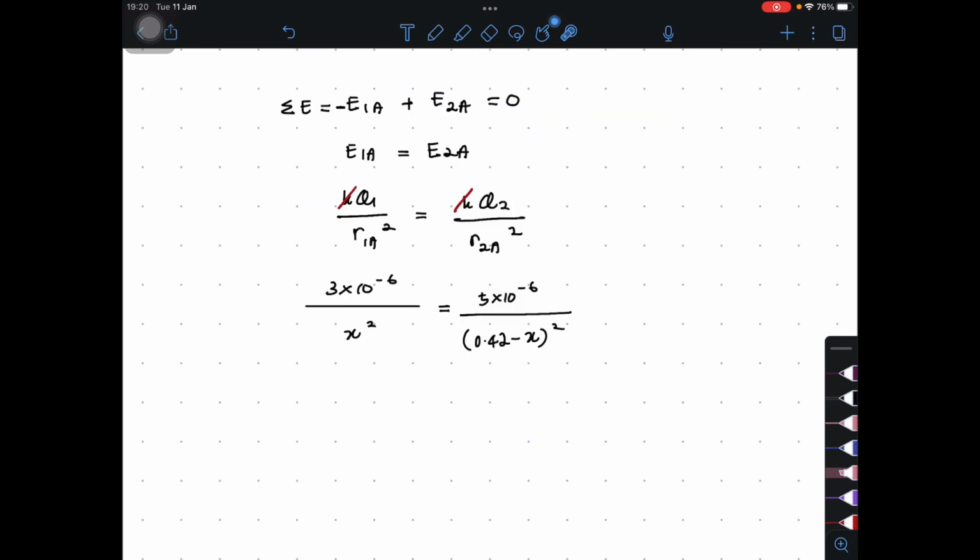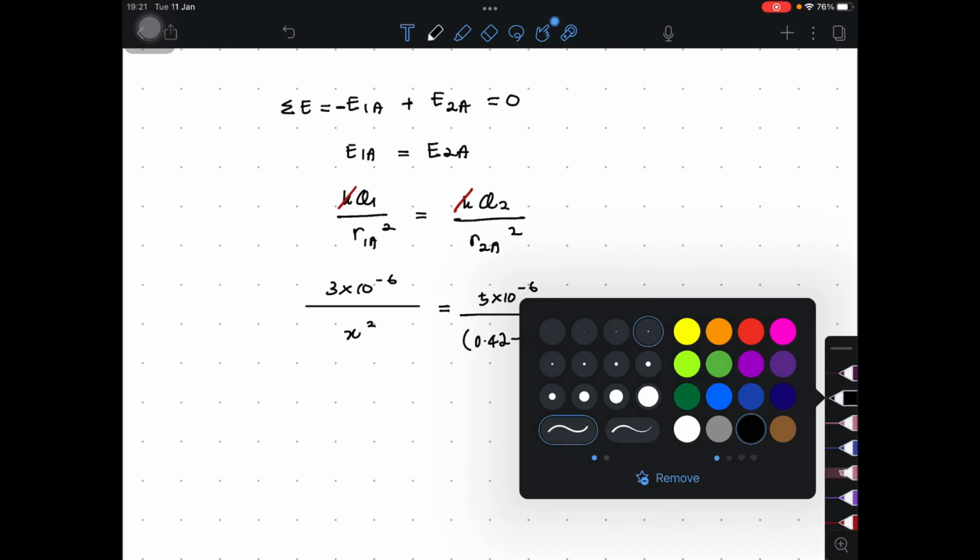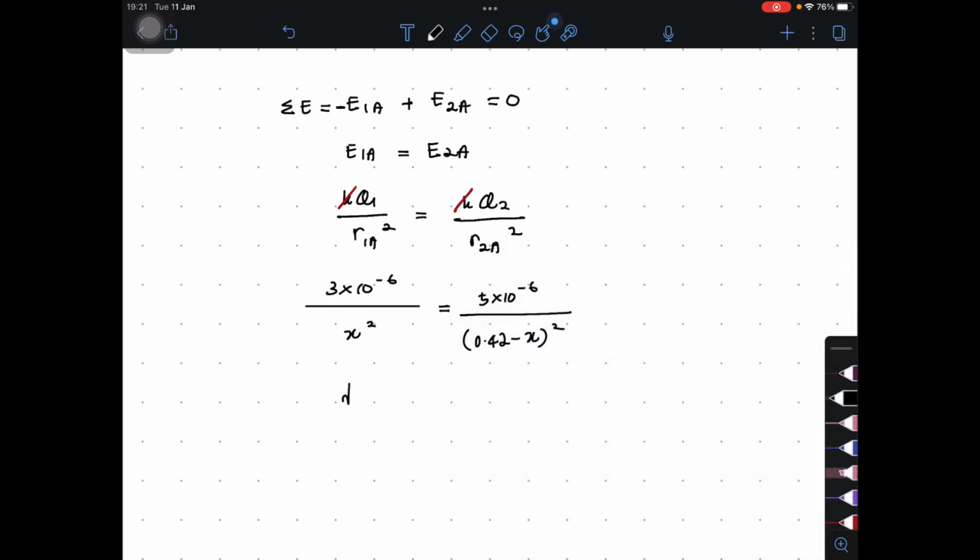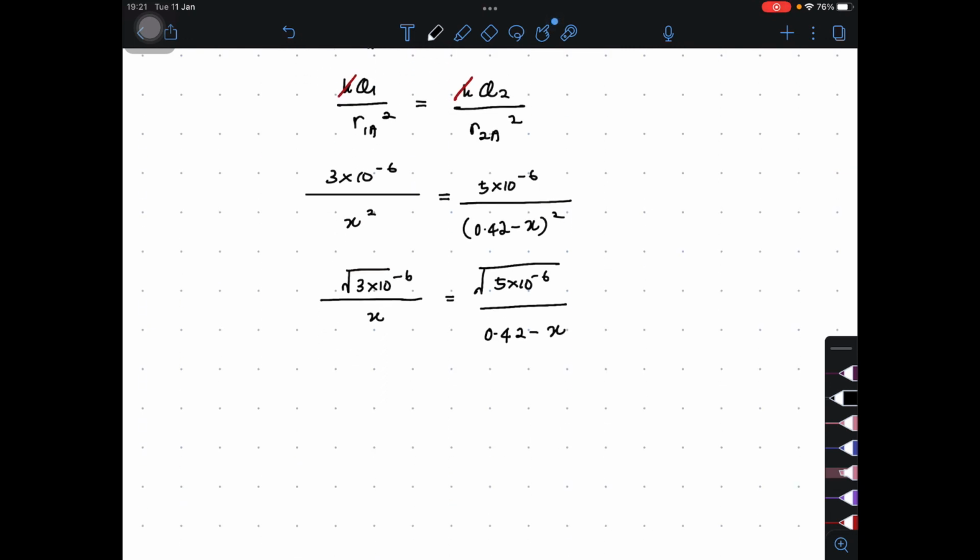To solve, the easiest way is to get rid of the square by taking the square root of both sides. When we take the square root of both sides, you will get x over 0.42 minus x equal to the square root of 5 over 3.